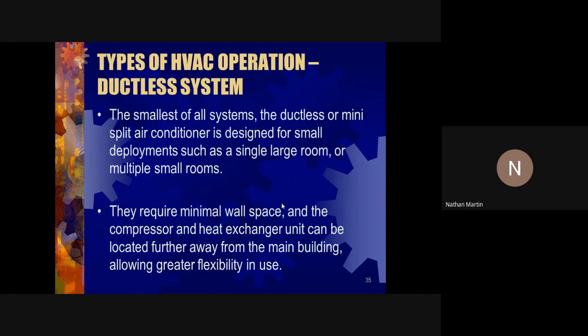Meaning all they need to do is just pipe it to the compressor unit. You might have your evaporator unit on one side of the house. It does not necessarily mean you're going to have the compressor unit directly behind that wall. It can be on another wall, where they pipe to it.